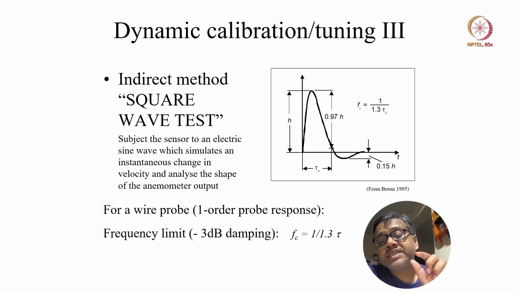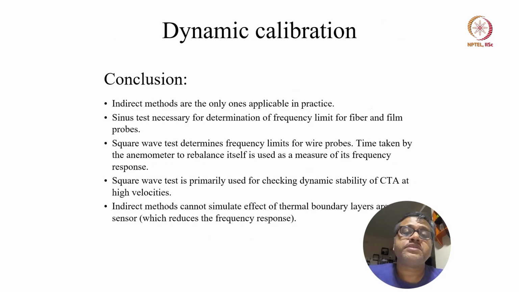So that time constant, as I said, is very important. As we saw, it is a function of many things. So for dynamic calibration, the conclusion is that the indirect methods are the only ones applicable in practice. The sinus test is necessary if you want to determine the frequency limit for the fiber and the film probes. The square wave test determines the frequency limits for wire probes.